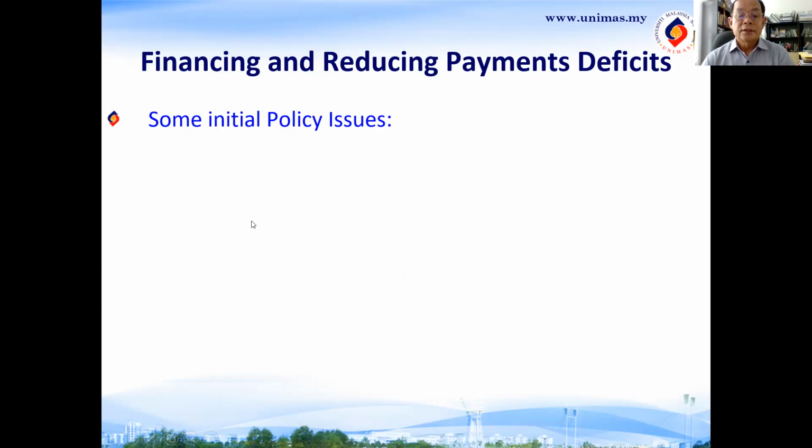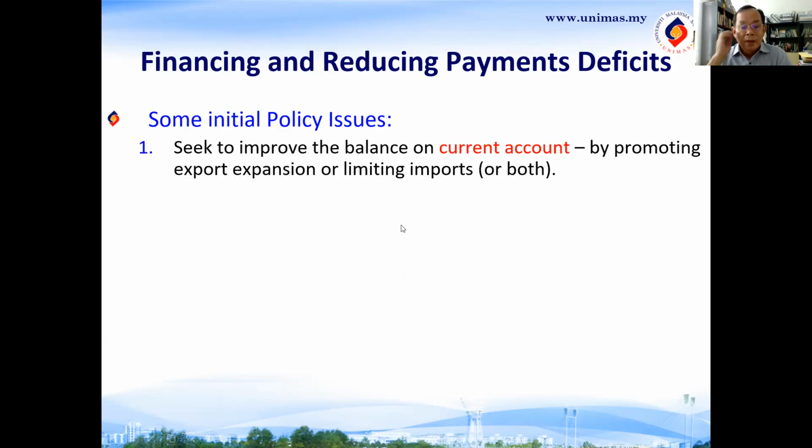So there are several initial policy issues, for example, with regard to financing as well as reducing payment deficit. Jadi payment deficit ini maksudnya we have to make payment for contohnya loans that we get from, or that the country get from another source outside.